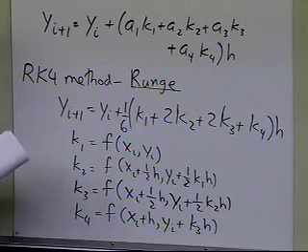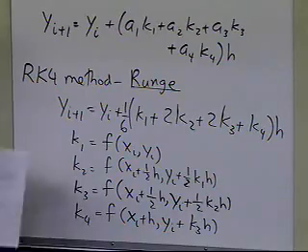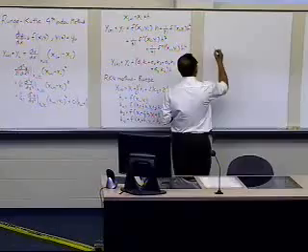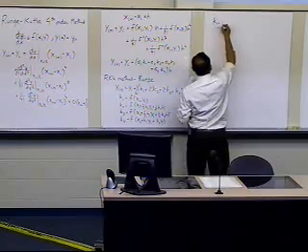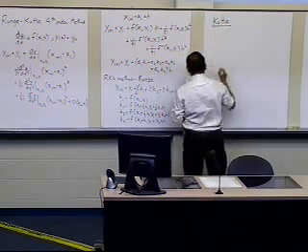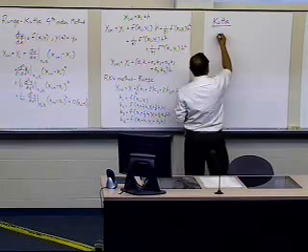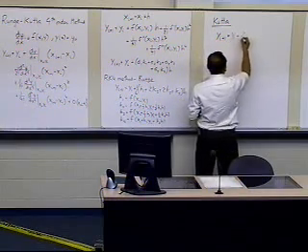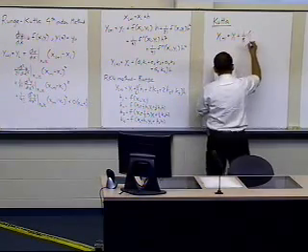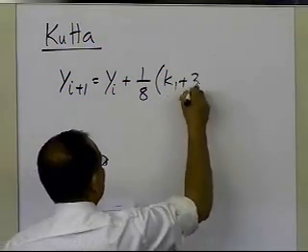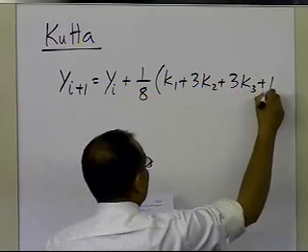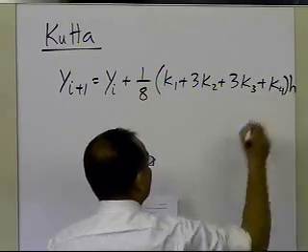Now, just like in the second order method, there are several versions of the Runge-Kutta fourth order method as well. This is a method which Kutta came up with, the second author of the Runge-Kutta method. Kutta came up with a similar formula, as follows: y sub i plus 1 is equal to y sub i plus 1/8 (K1 plus 3K2 plus 3K3 plus K4) times h.